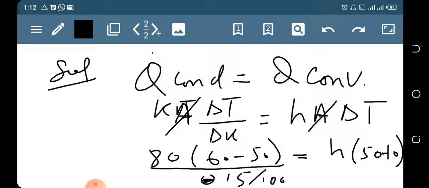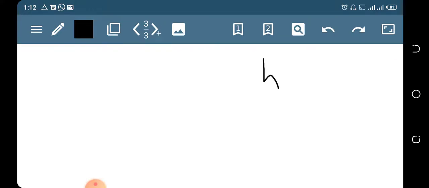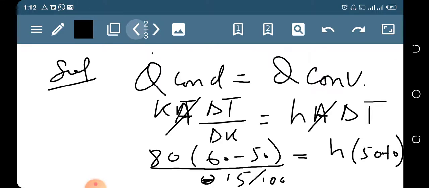Okay, now the H value over here. 50 minus 10 is 40, and it goes on the bottom side.